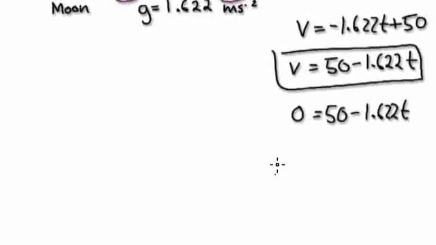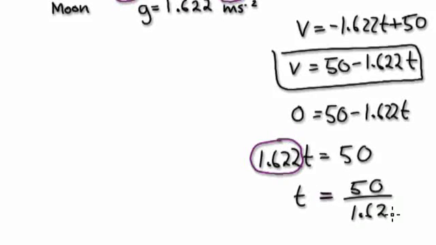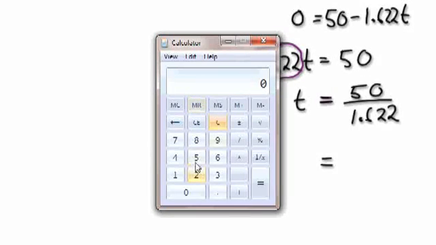So that would be 1.622 t equals 50. Now divide both sides by this thing here. So t equals 50 over 1.622.